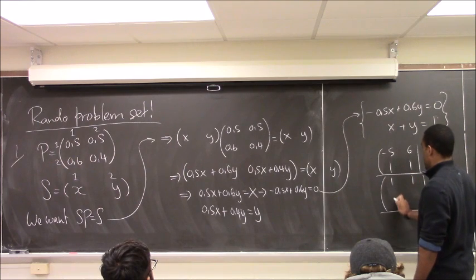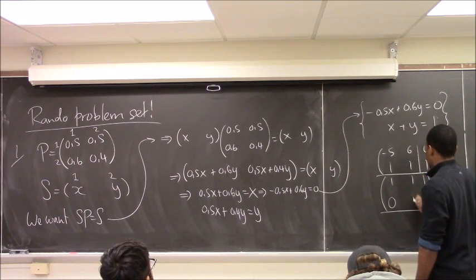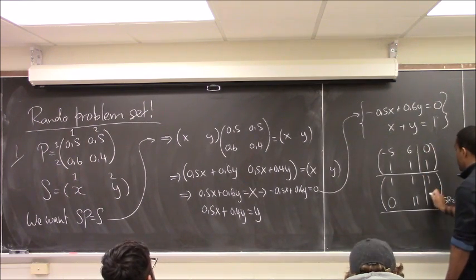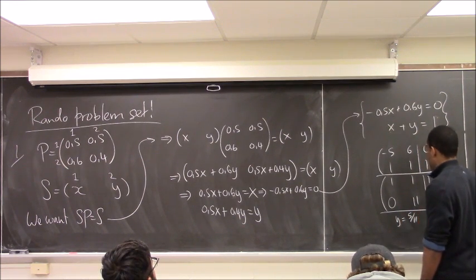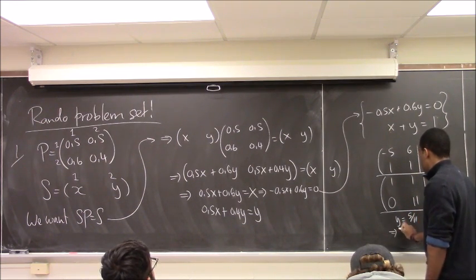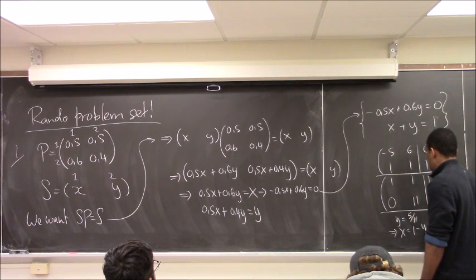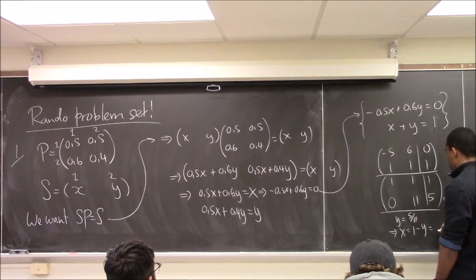And so I get that y is equal to 5 over 11. And x is equal to 1 minus y, which is 11 over 11 minus 5 over 11, so that's 6 over 11.